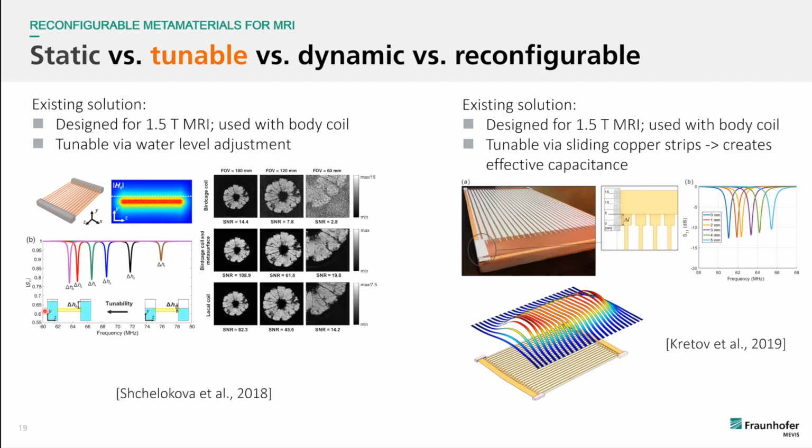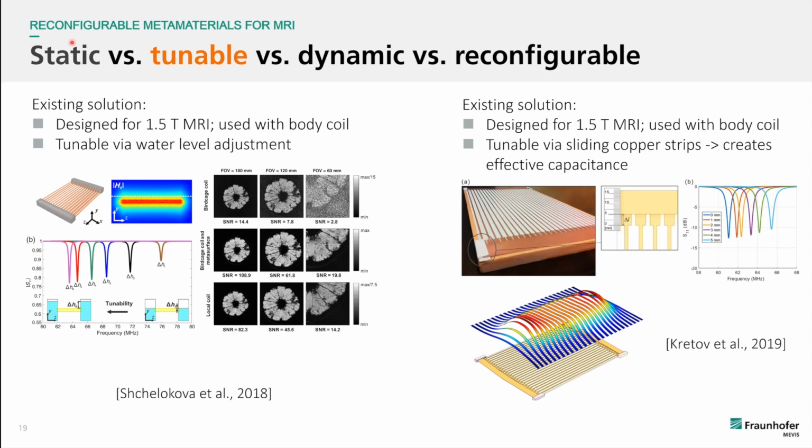And by just changing the filling of those water tanks, you can retune your metamaterial to different frequencies. By filling in more water or getting out some water, you can change your resonance frequency and tune it exactly to the Larmor frequency, for example, if you like.